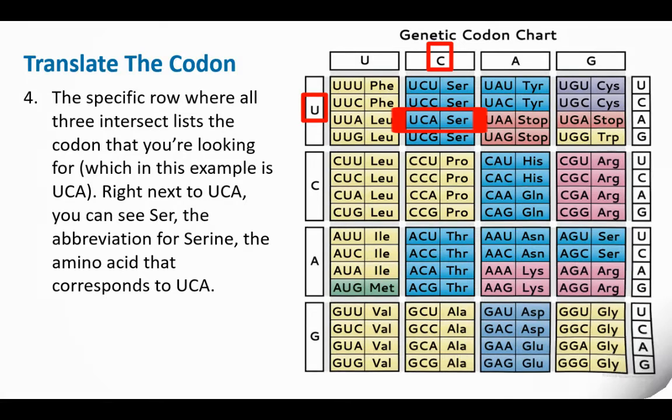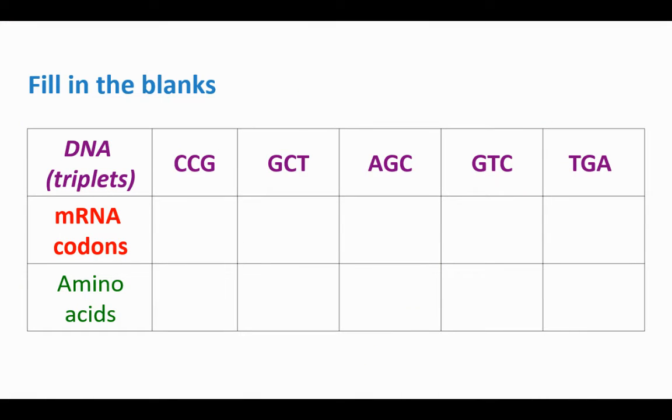So later on, you will have this kind of activity. Okay, so isa sa assignment nyo yan. So you're going to fill it up and then identify the amino acid. Okay, so yung isang assignment nyo is gagawa kayo ng panibagong DNA, and then gagawa kayo ng codons, mRNA codons, and then get the amino acid.